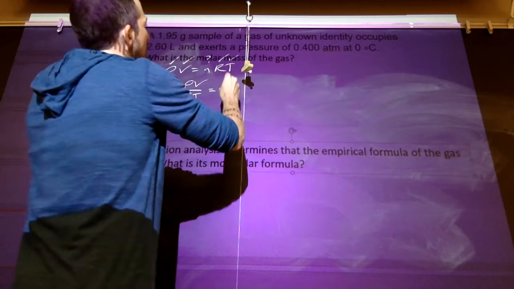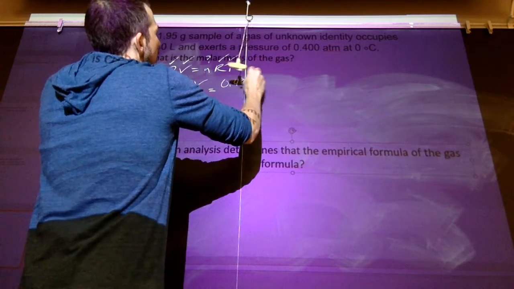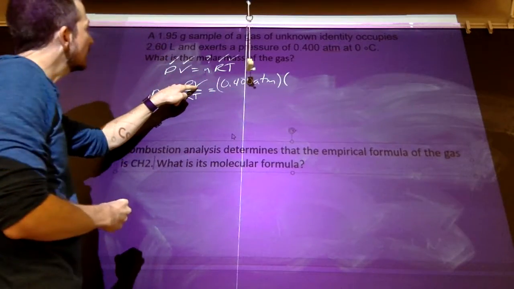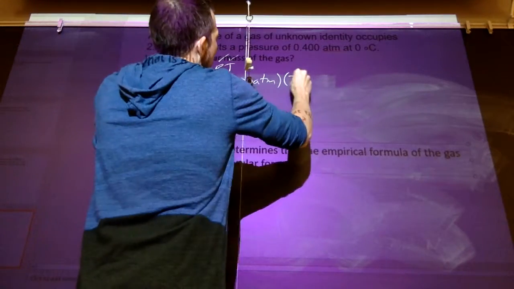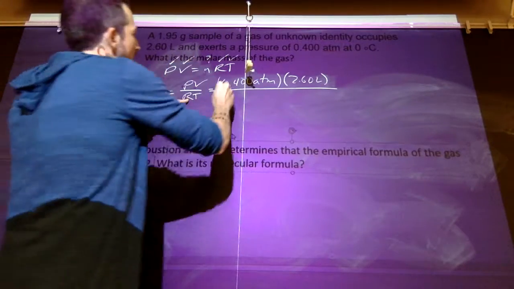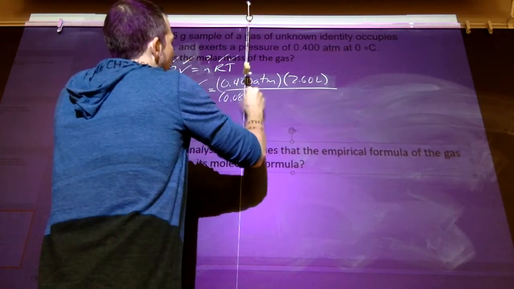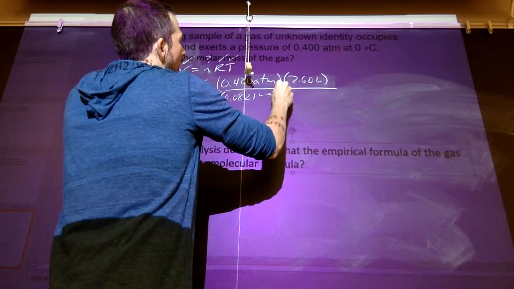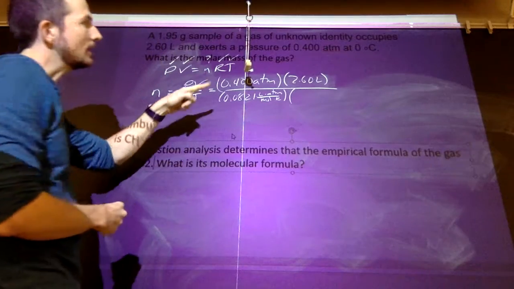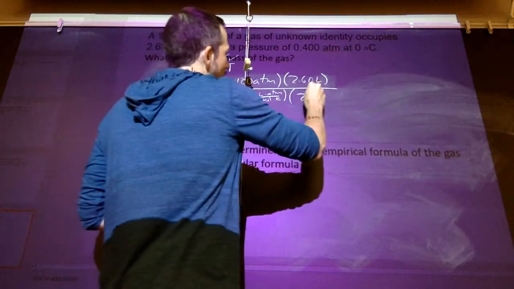So pressure, 0.4 atmospheres, volume 2.6 liters, gas constant 0.0821 liters atmospheres per moles Kelvin, and then 0 degrees Celsius or 273 for that in Kelvin.